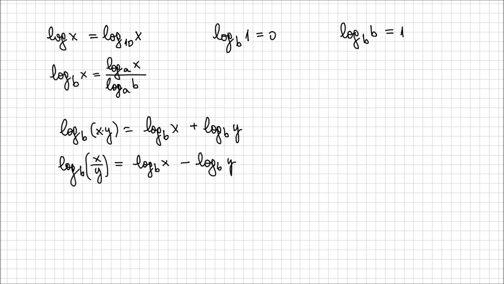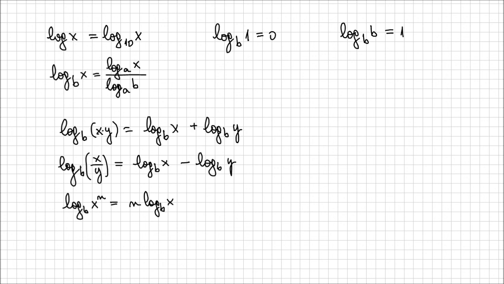So it's a difference. And if we have the logarithm of a power, so logarithm in base b of x at power n, is going to be equal to n times logarithm in base b of x. That power comes in front of the logarithm as a multiple. And this is something that you need to know.